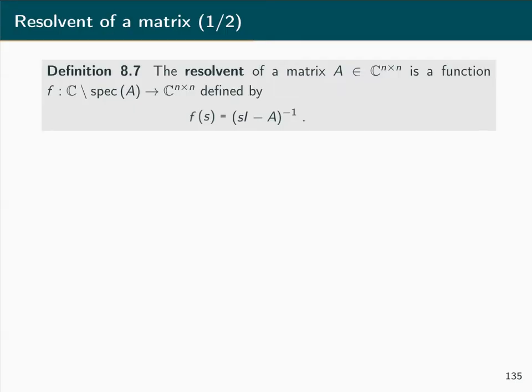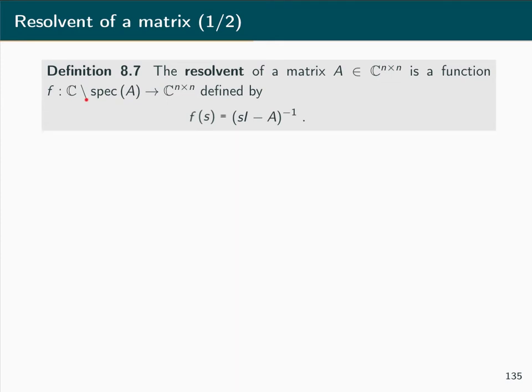Definition 8.7 defines the resolvent of a matrix A, which will be of great importance when we talk about continuous time state space models in the next chapter. And the resolvent is in fact a function f, which maps from the complex plane except the eigenvalues of A into the space of n by n matrices, and it's defined by f of s is equal to (sI minus A) inverse.